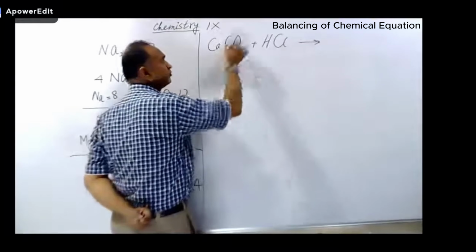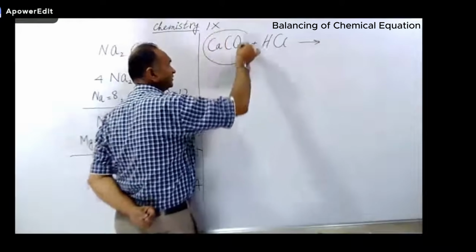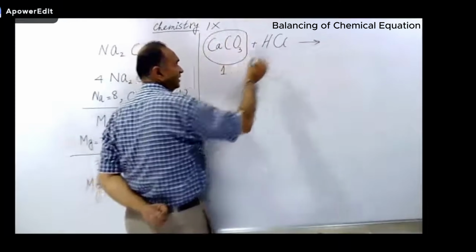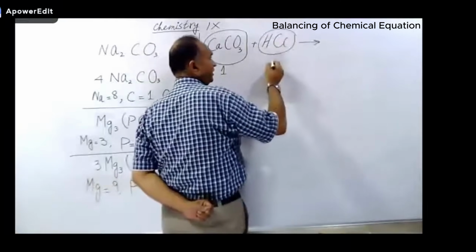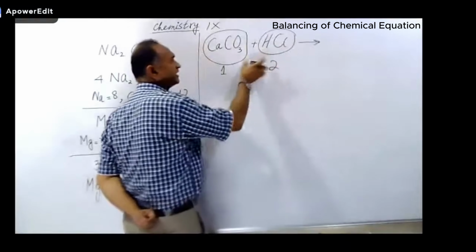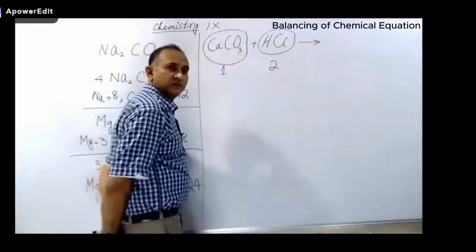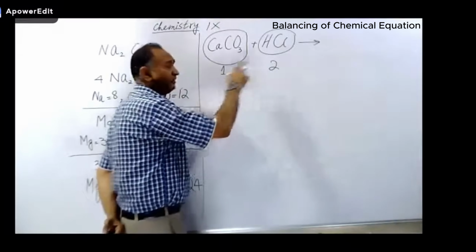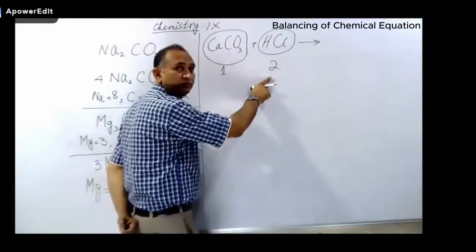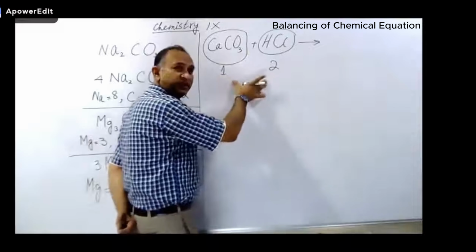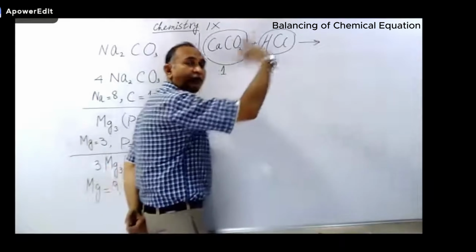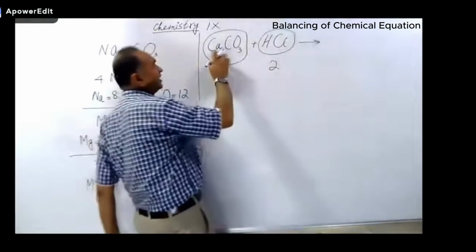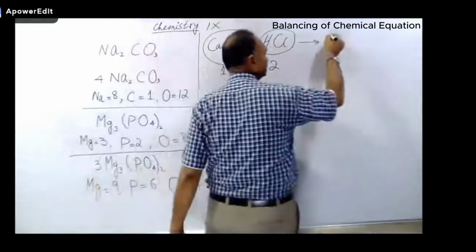It means you have two things, 1 and 2. These two things are reacting with each other. This is chemical number 1. This is chemical number 2. These two are reacting here and forming something like calcium chloride.